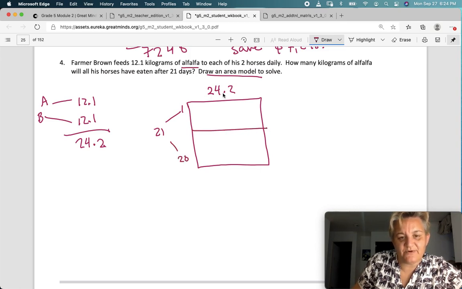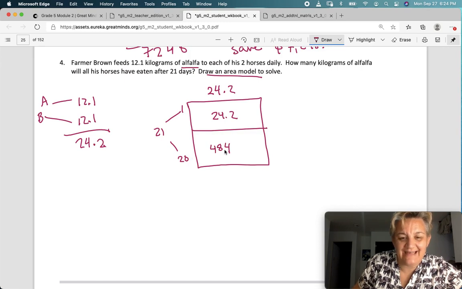So 1 times 24 2/10 is 24 2/10. Easy. 2 times 24 2/10 would be 48 4/10. But I'm going to multiply this by 0.